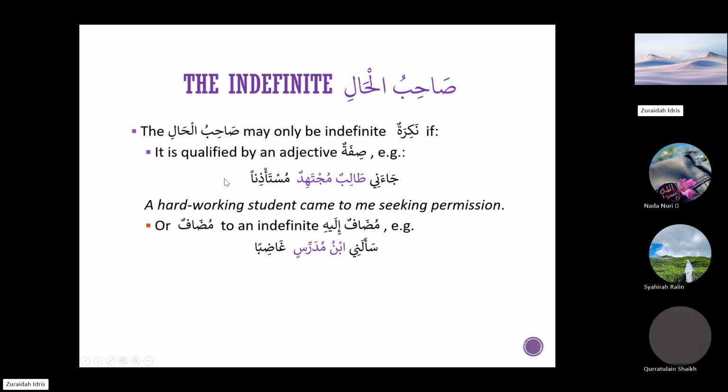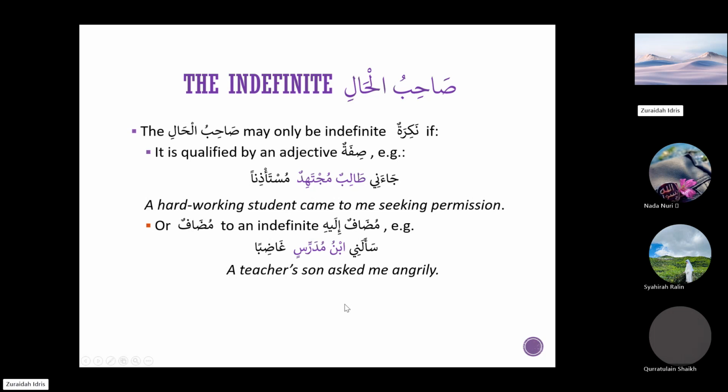But these are the conditions that you need to fulfill when you want to put a nakira hal. A teacher's son asked me angrily. Of course, this is still general. Which teacher's son? We can go on and ask that sort of question. But at least we know it's a teacher's son.